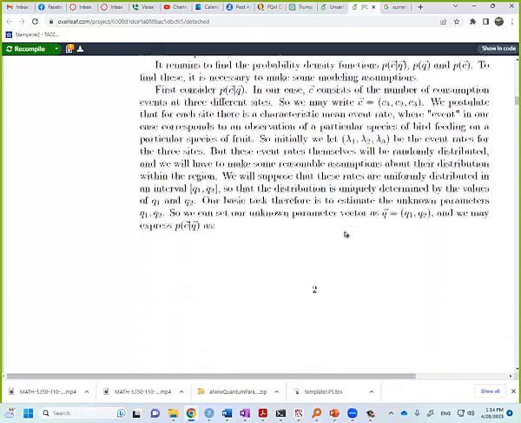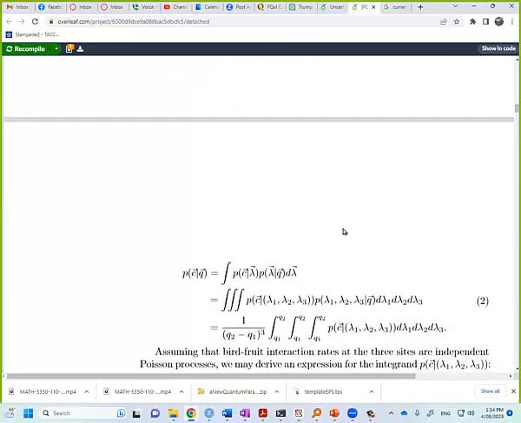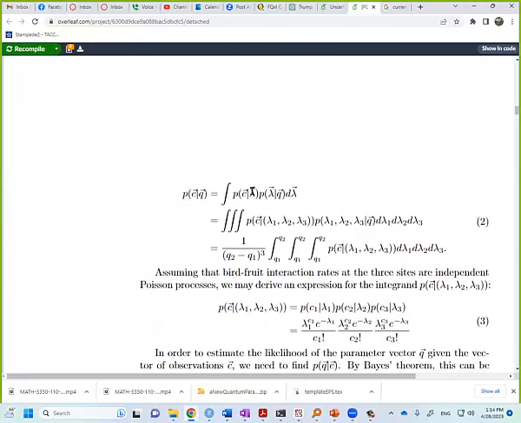So to do the fitting, this is just a standard expression. Why is it an integral? Because it's a continuous probability distribution.